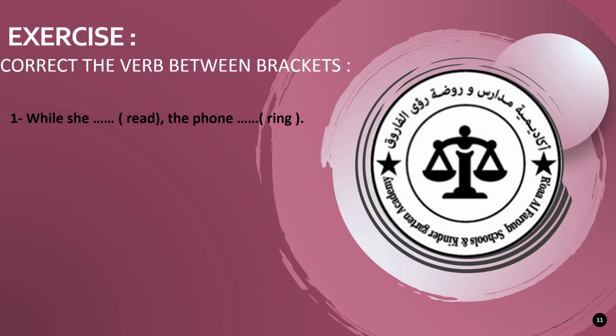After while, we have to use the long action, and the long action is in the past continuous. So, while she was reading. Excellent. What is the past verb of ring? This is rang. So, while she was reading, the phone rang.